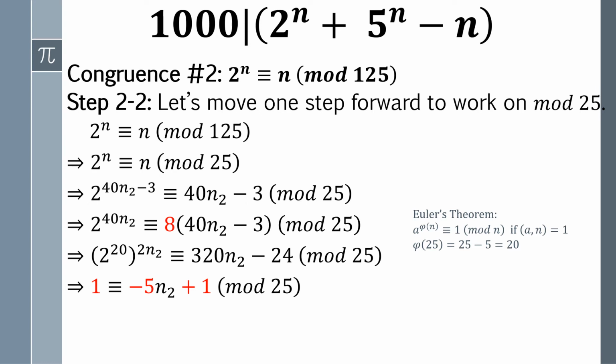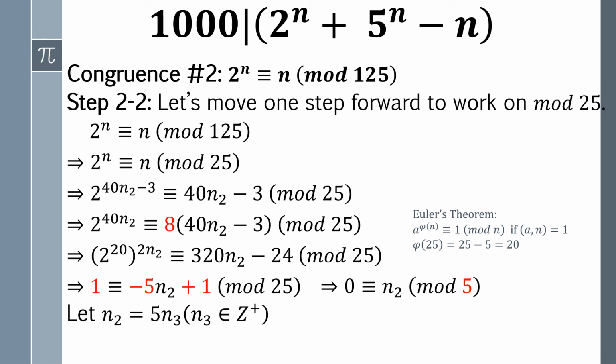And both sides are subtracted by 1 and divided by 5. The modulo 25 will be divided by 5 too, which leads to n2 is congruent with 0 modulo 5, which means n2 can be written as 5 times n3. Then n can be written as 200 times n3 minus 3.